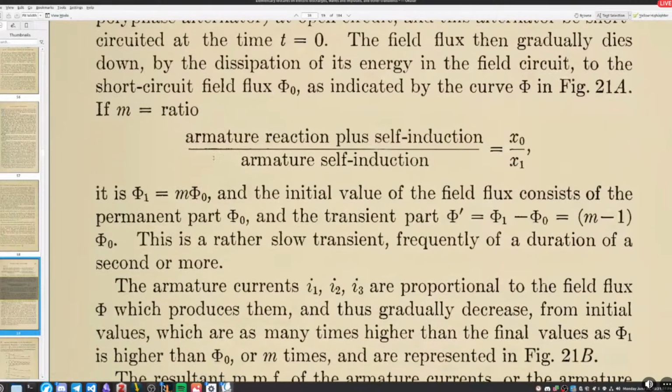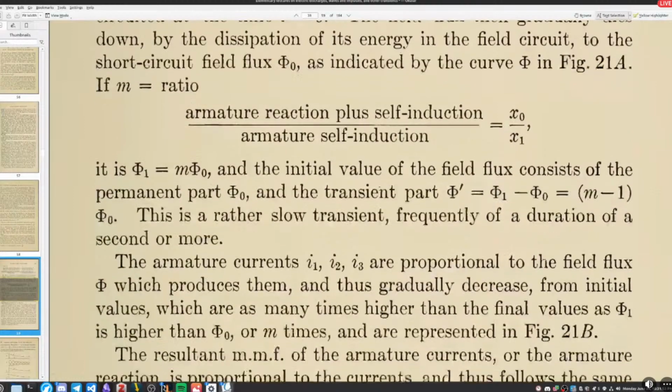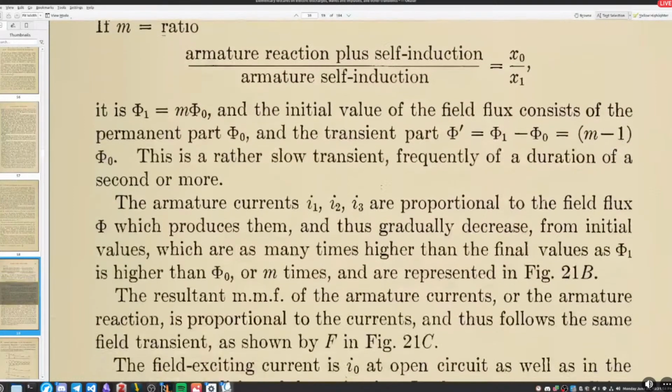If m equals the ratio of the armature reaction plus self-induction over armature self-induction, equal to X0 over X1, then phi 1 equals m times phi 0. The initial value of the field flux consists of the permanent part phi 0 and the transient part phi prime equals phi 1 minus phi 0 equals m minus 1 times phi 0.